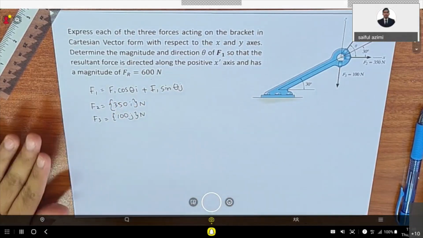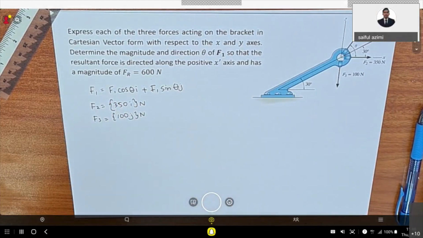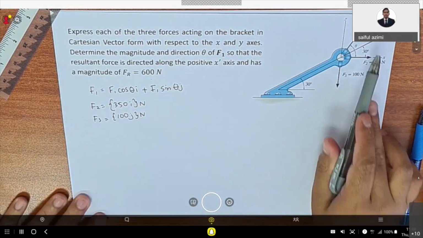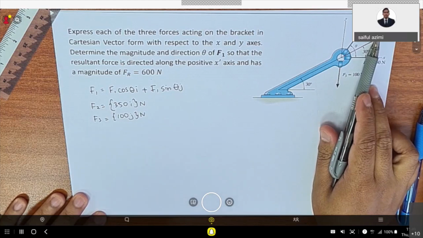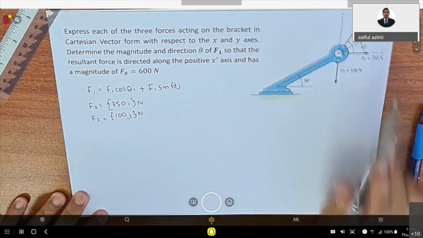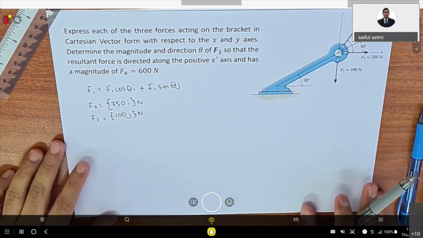All right. So next, we want to find the magnitude first, because we already know the resultant force. In order to do that, you can just use the previous formula.